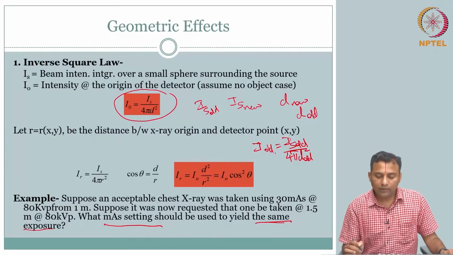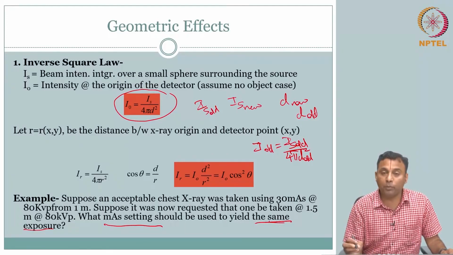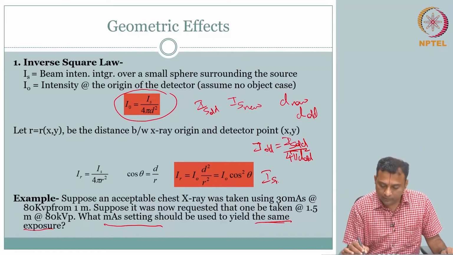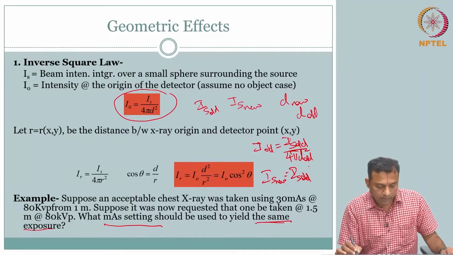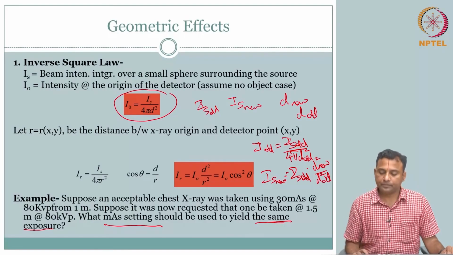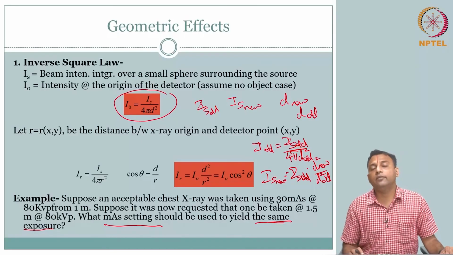All I can say is, because I want to use the same exposure, these could be proportional. So I can write IS new is equal to IS old times D square new by D square old. That's all we need to do.